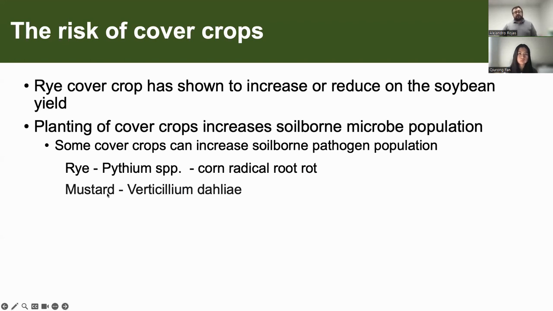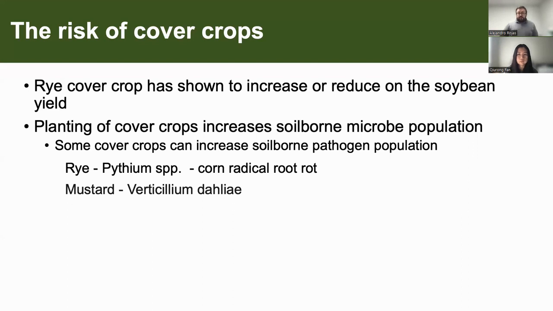There are examples of mustard that can actually be a reservoir for verticillium, causing more damage on the crop after the cover crop. And in the specific case of rye, we know that there are issues with planting, and in general, cover cropping is a practice that causes some issues when we are looking at the different agronomic practices.